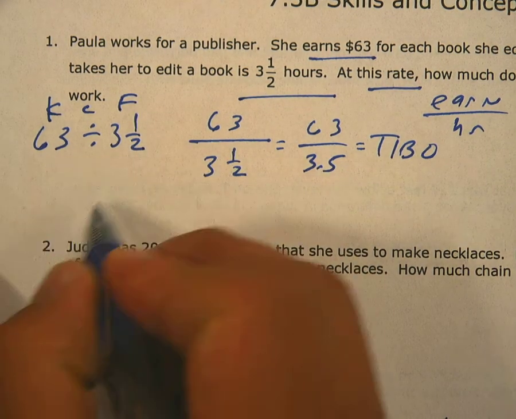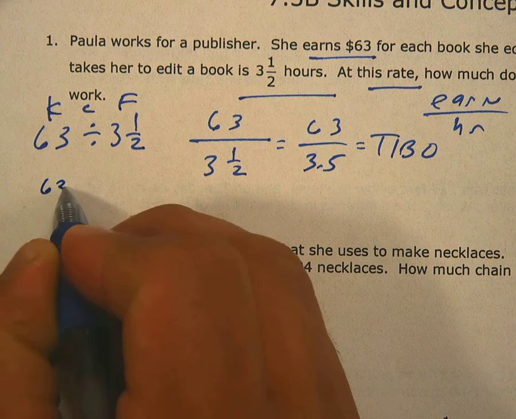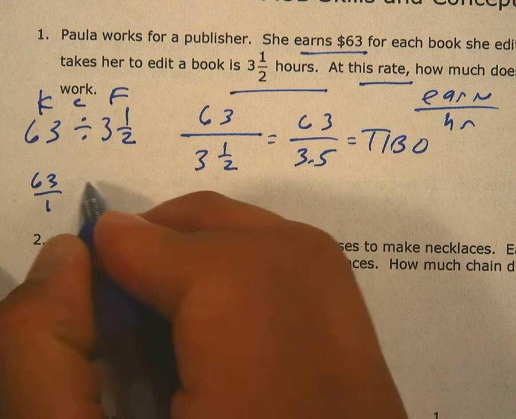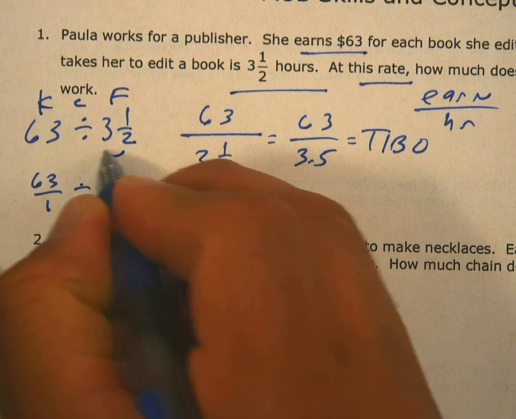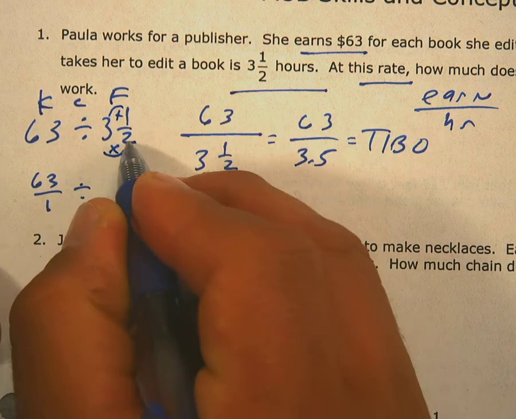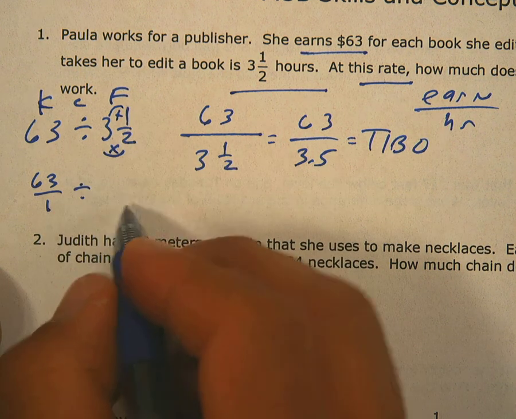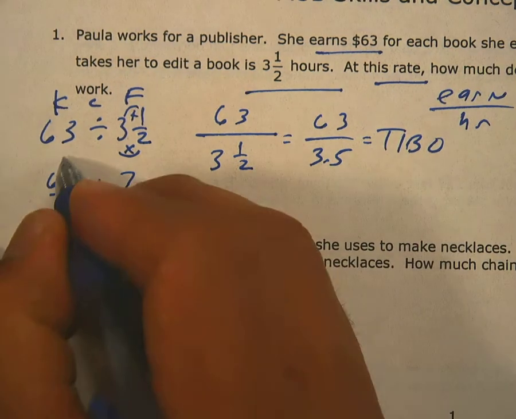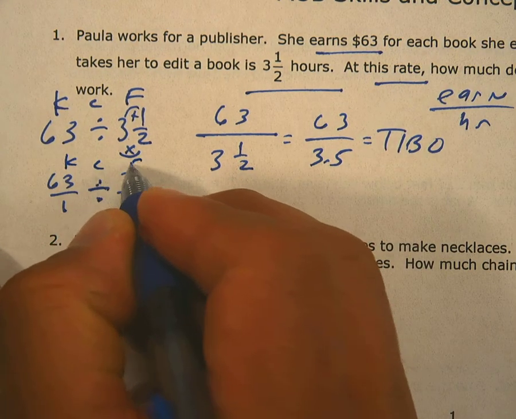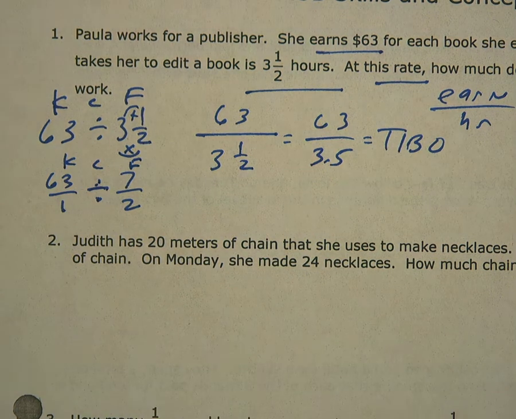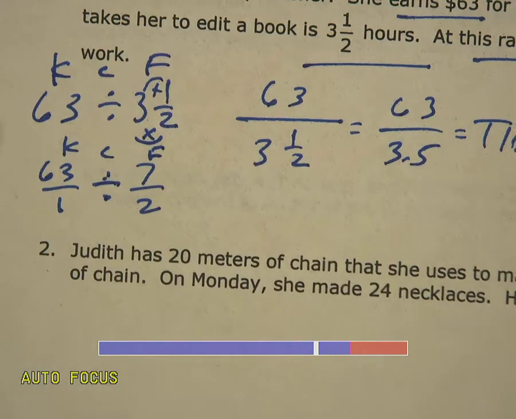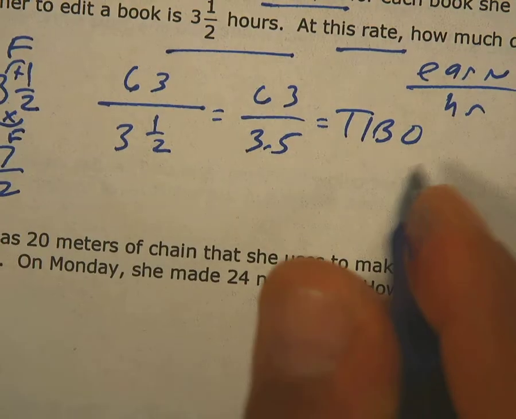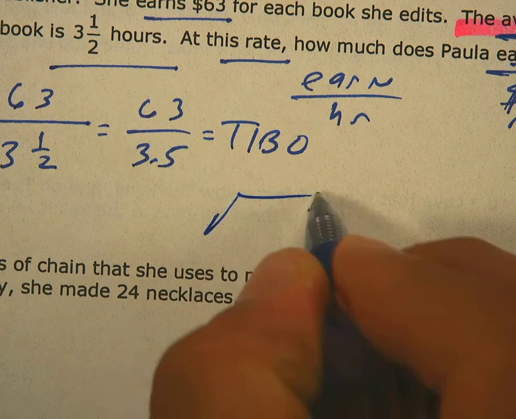So this one I can make a fraction by putting a 1, so I'm going to have 63 over 1. This guy I can make a fraction by doing around the world: 3 times 2 plus 1 is 7 halves, or 7 over 2. And from here I can do KCF. Keep, change, flip, and I can get the answer. Or I can do table with a decimal, top in, bottom out.